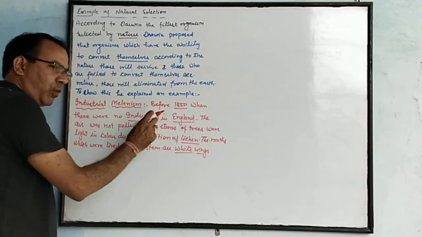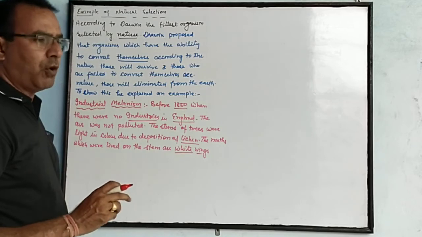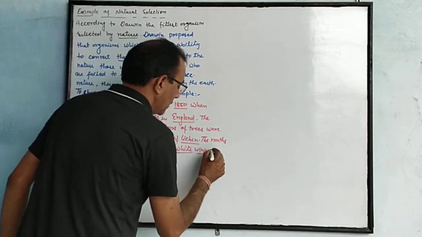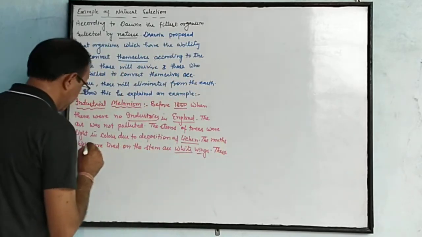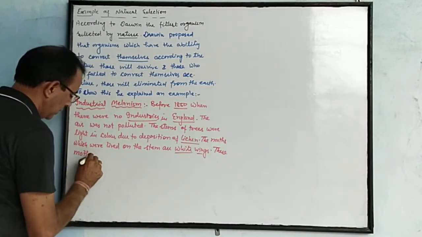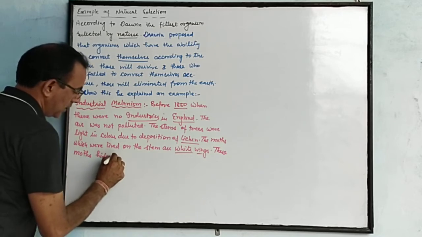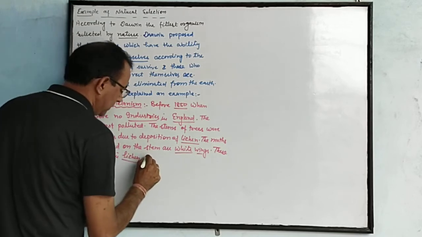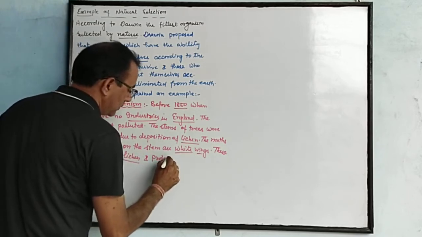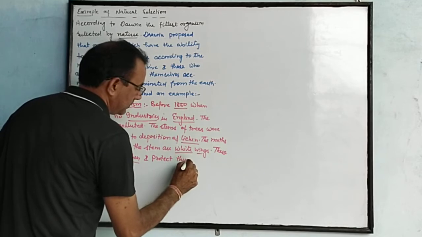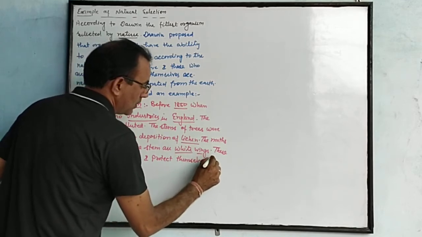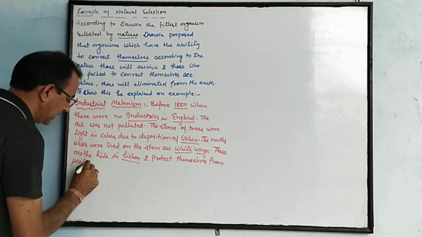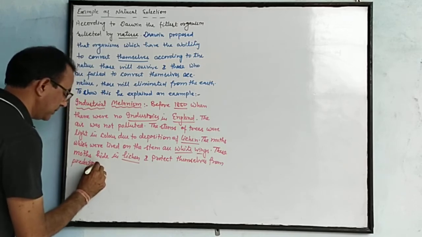The white-winged moths protect themselves or hide in the lichen from the predators. This was the earlier condition.